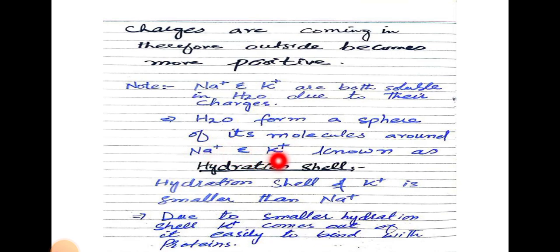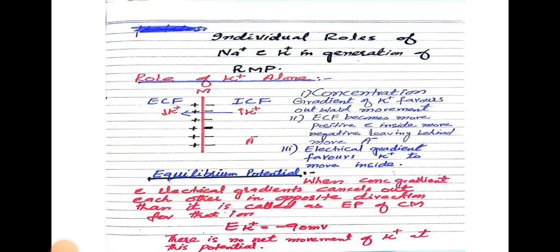The shell that is formed outside potassium is smaller as compared to sodium, and these ions have to come out of the shell of water molecules to combine with other substances. Due to the smaller size of its shell, potassium easily moves out of the shell and binds with proteins. Therefore, potassium is mostly present inside the cells.